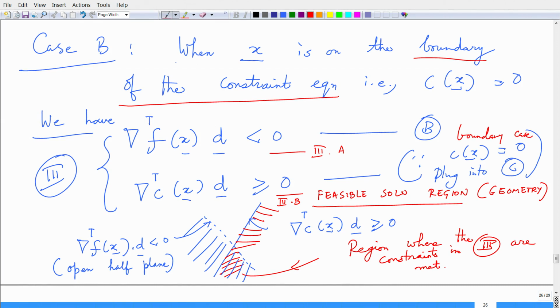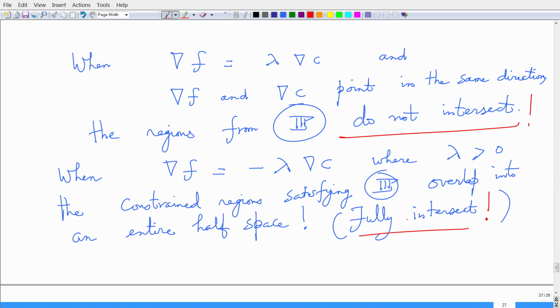So, if I have a non-null region, then I have a solution. If it is not, then I do not have a solution. Okay. Now, when del f equals lambda del c and del f and del c point in the same direction, this is very important.